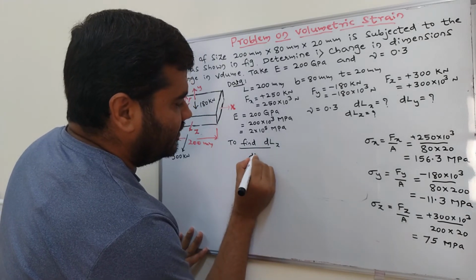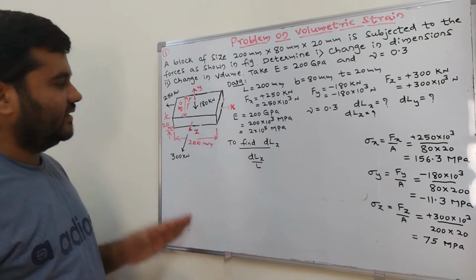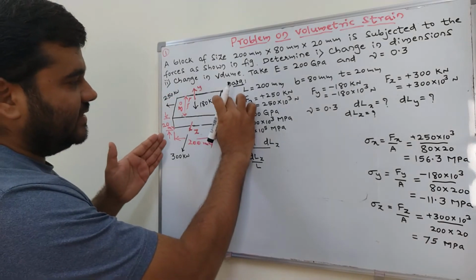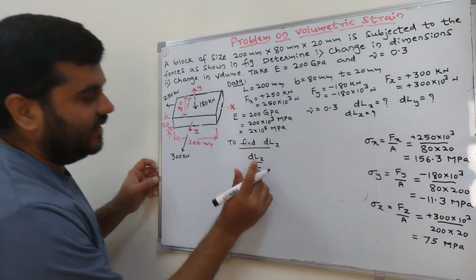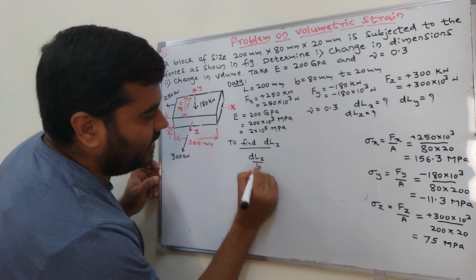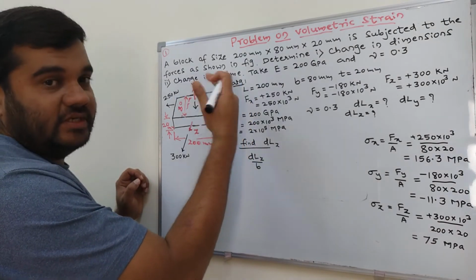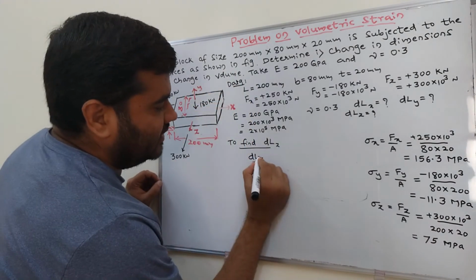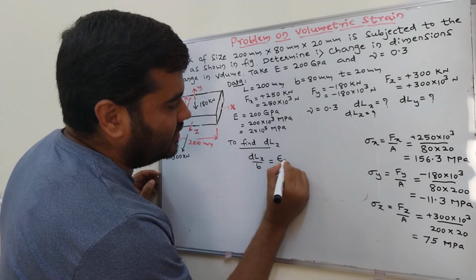Change in length in z direction divided by original length. What is the original length in z direction? This is the original length, that is width. I will take this as b. I want to find out how much it is changing here. Change in length divided by original length in z direction equals strain in z direction.